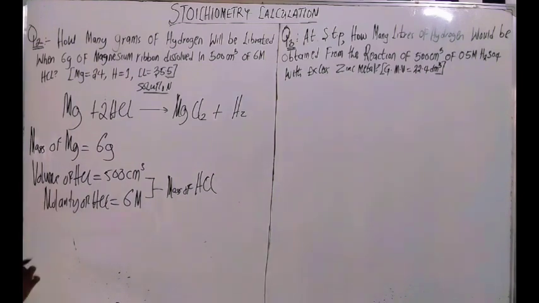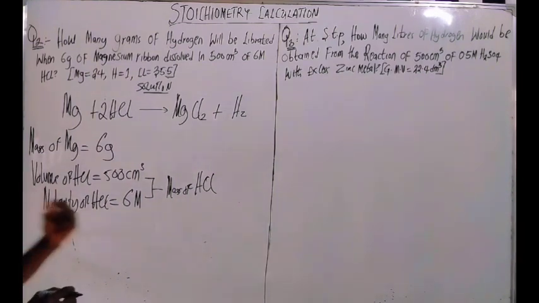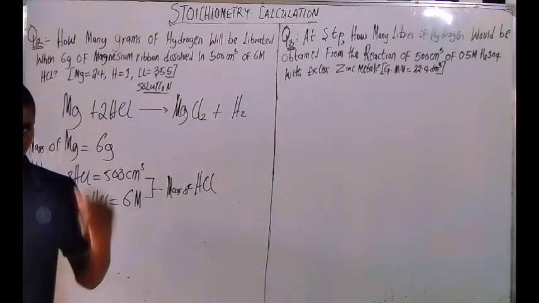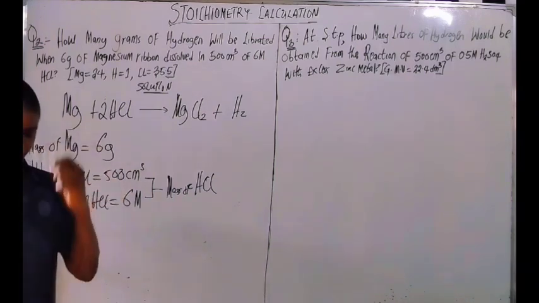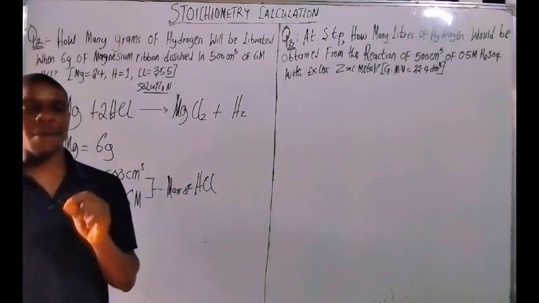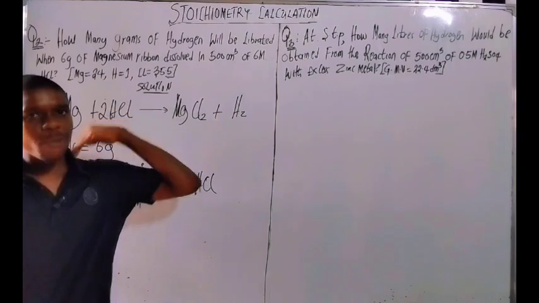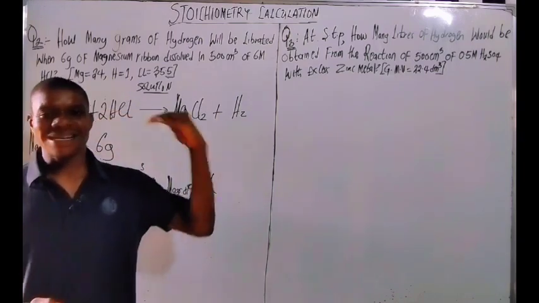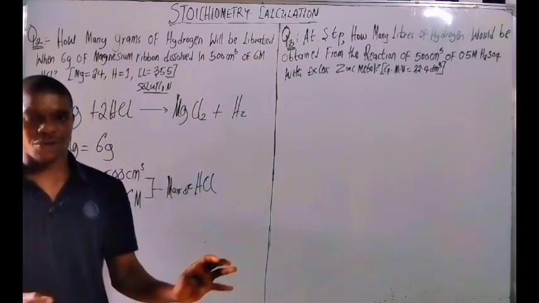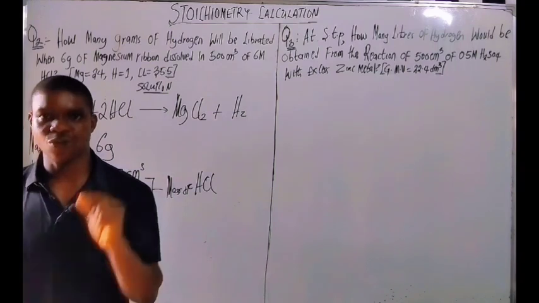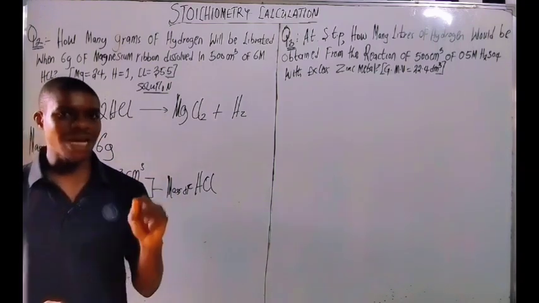Remember, in our last class, when it comes to mole concept calculation, I gave all the formulas. If you have not watched that video, please go and check it out, because mole concept is a foundational calculation to any other chemistry calculation.